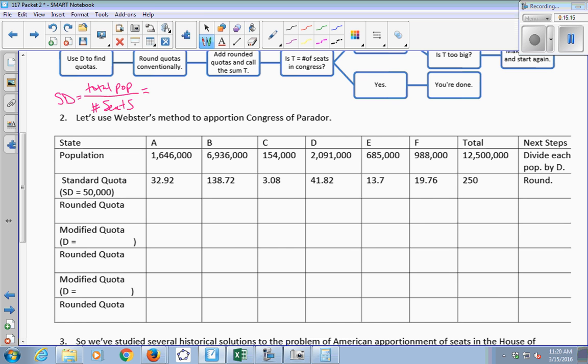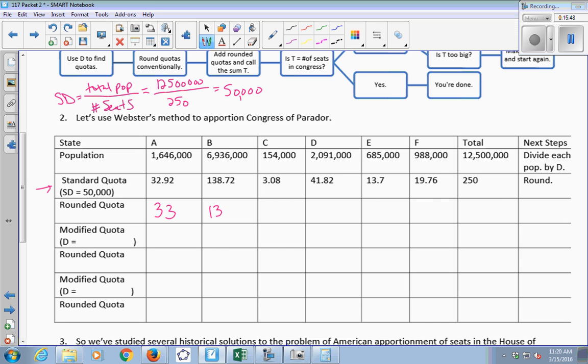In this case, that's 12,500,000 divided by 250 seats, and we get 50,000 as our standard divisor. Then we find our standard quotas, taking each state's population and dividing by the standard divisor. That part's already done for us. Now Webster's method says round these numbers normally, so this one's going to round to 33.